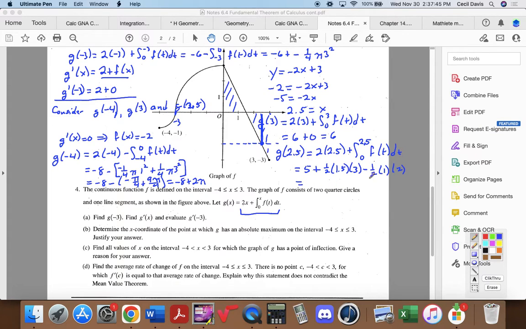This whole part's going to be 1. So that's 4 plus 2.25 is 6.25. Ever so slightly more. So it's going to be x equals 2.5.